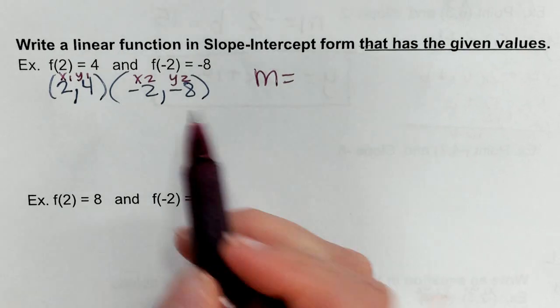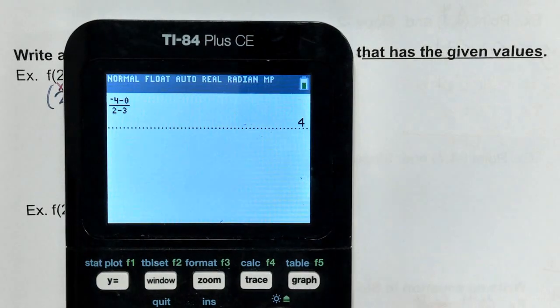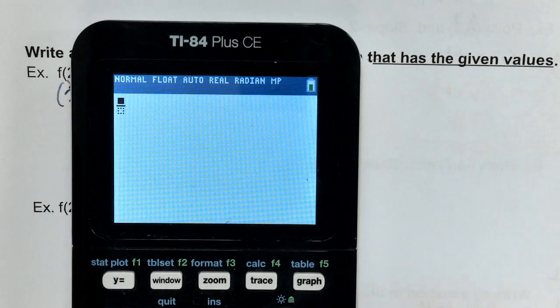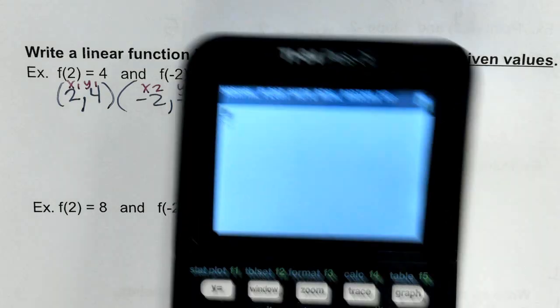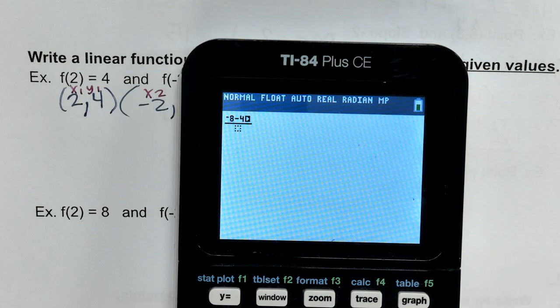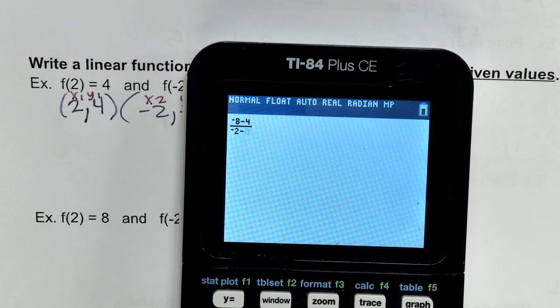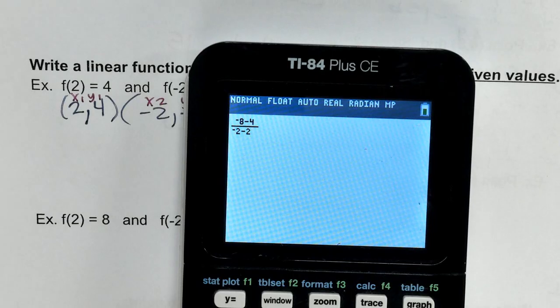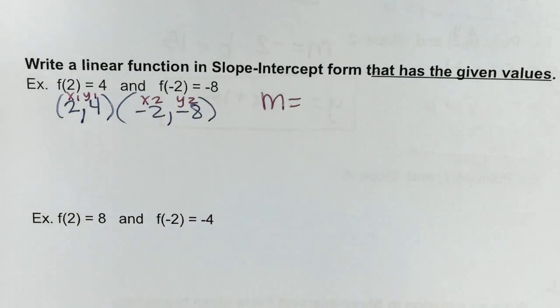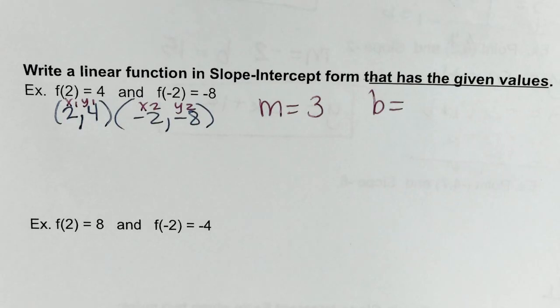So I'm going to do y2 minus y1 and put it in my alpha y equals button. What is y2? Negative 8 minus, what is y1? Over x2, negative 2, minus x1. And that's my slope. What is my m? 3.